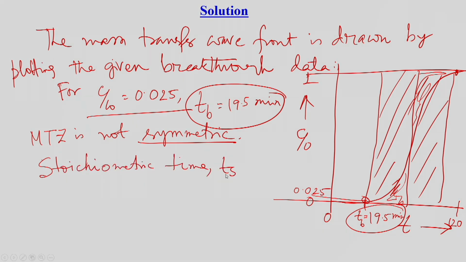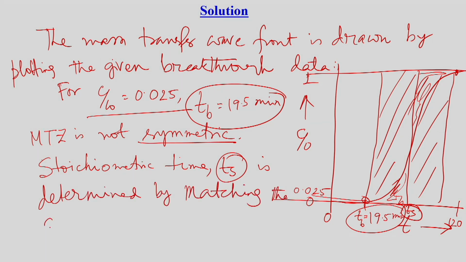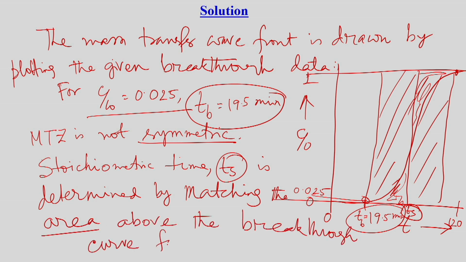The stoichiometric time T s is determined by matching the area above the curve for t less than T s with the area above the curve for t greater than T s.